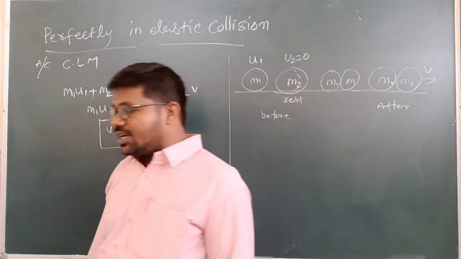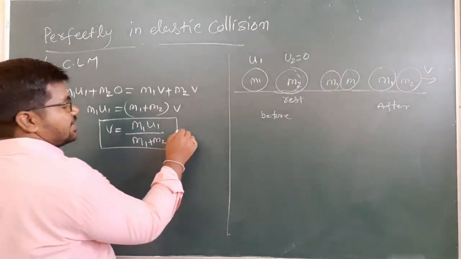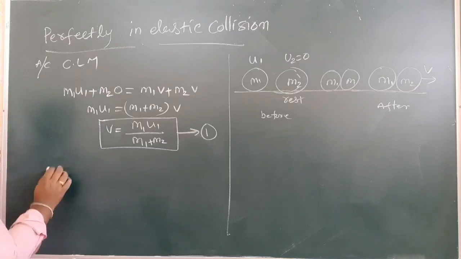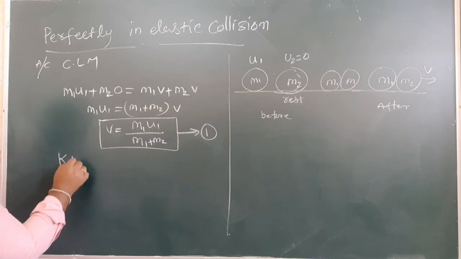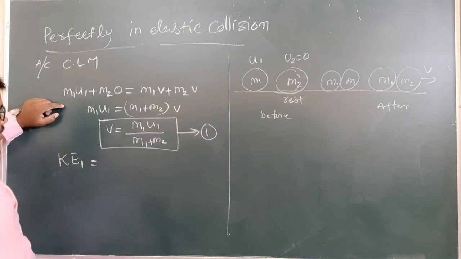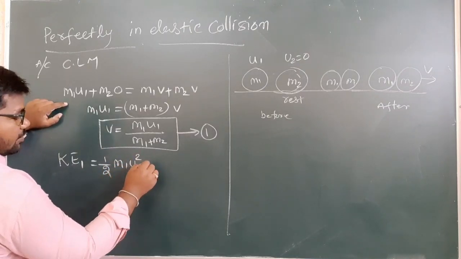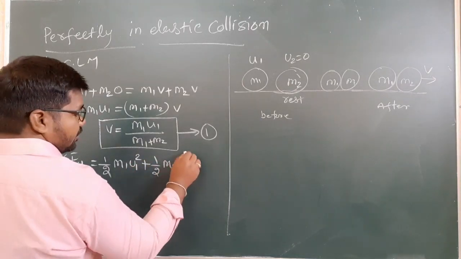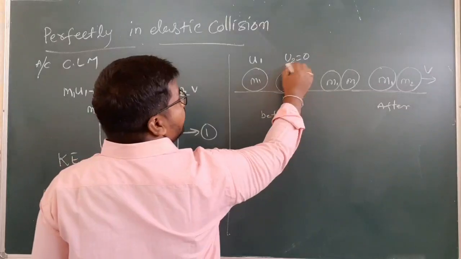Understand? How can we find the change in kinetic energy? This is equation 1. Initial kinetic energy is 1 by 2 m1 u1 square plus 1 by 2 m2 u2 square, where the second body is at rest.